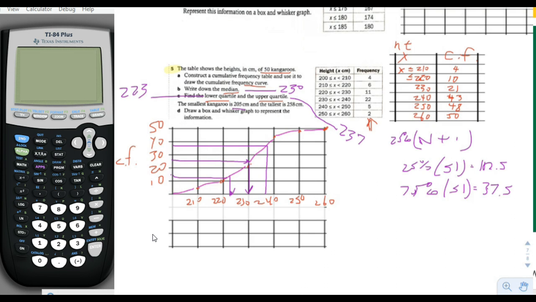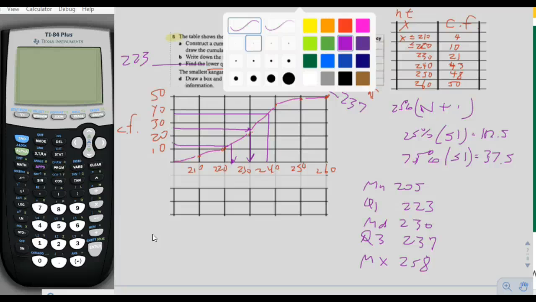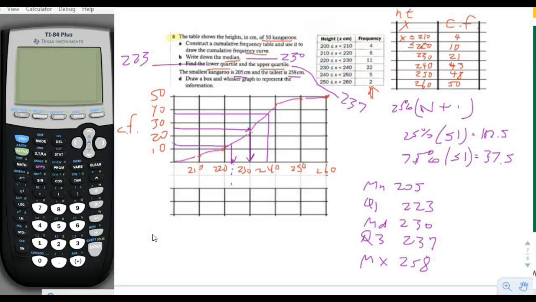And then it gives us the minimum and maximum separately, outside of the data. So we have minimum 205, Q1 223, the median 230, Q3 237, and the maximum 258. The middle three numbers are right here, so we could just trace these down.